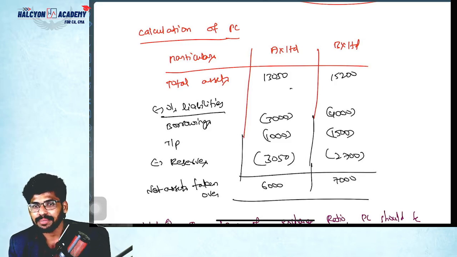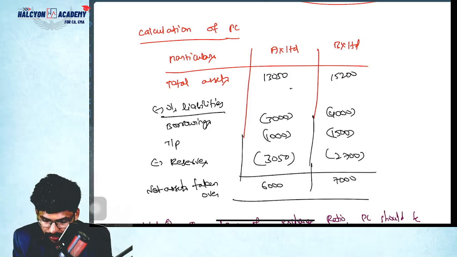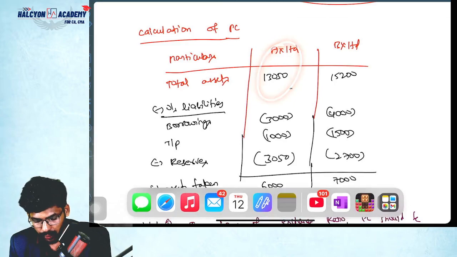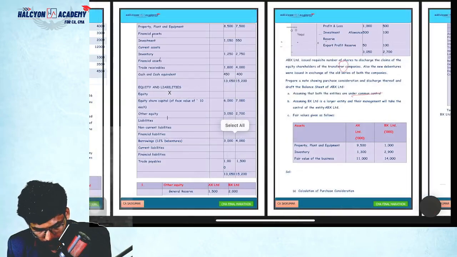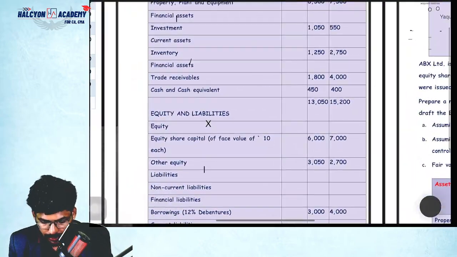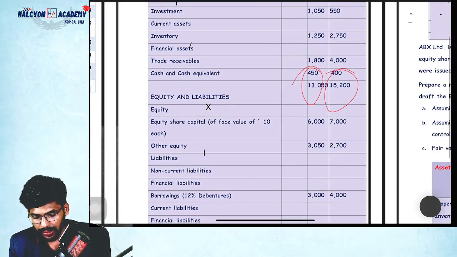That's it, guys. So these are the total assets. What are the total assets in the given question? If you want, you can go to the question. 13,050 and 15,200. Correct?